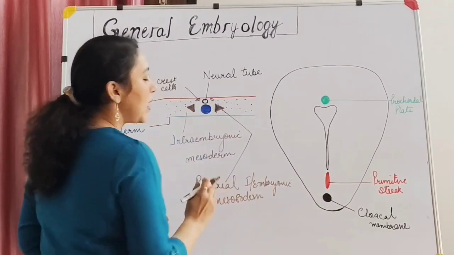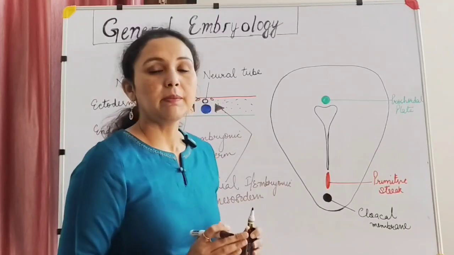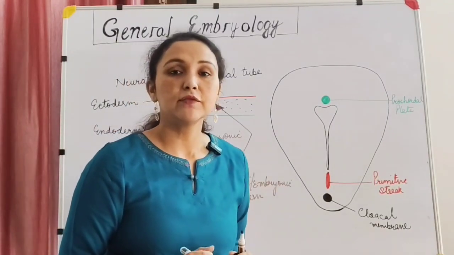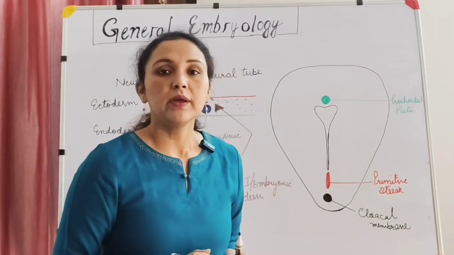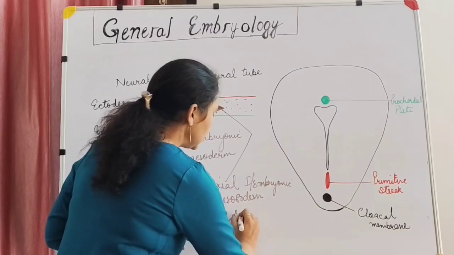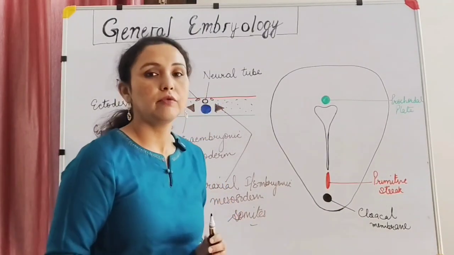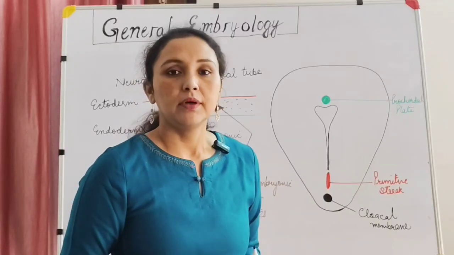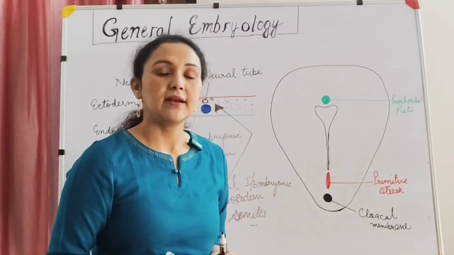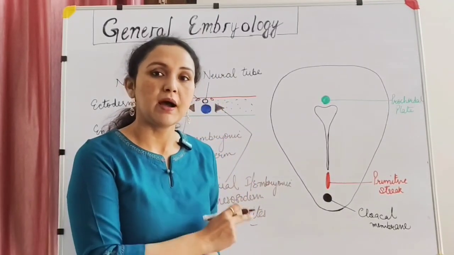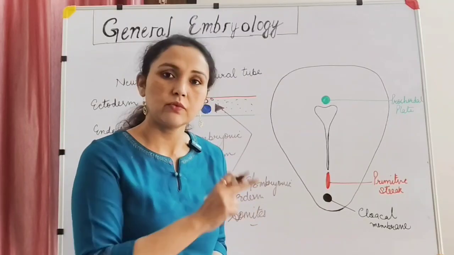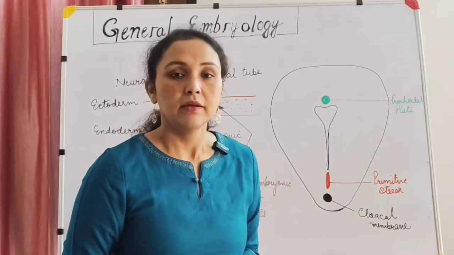This is the part of the mesoderm that will form the maximum elements of the skeletal system. So it will form what? Somites. And from the somites, there will be the formation of the bone, the cartilage, the muscles. So maximum of the skeletal system will be formed from the paraxial mesoderm. It extends throughout the body up till the limbs, right?